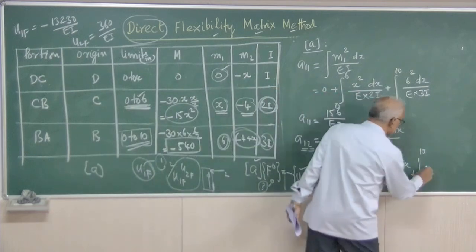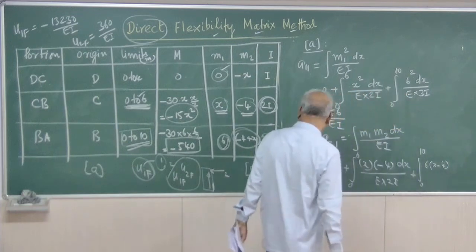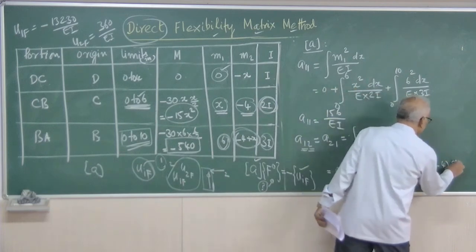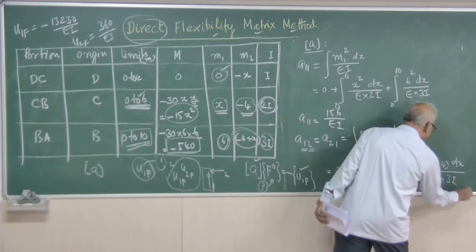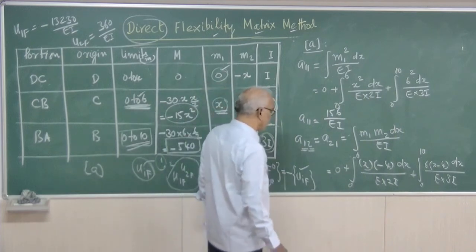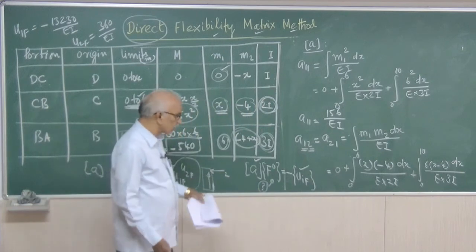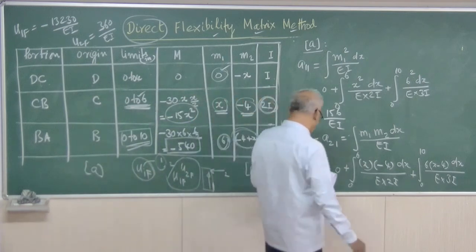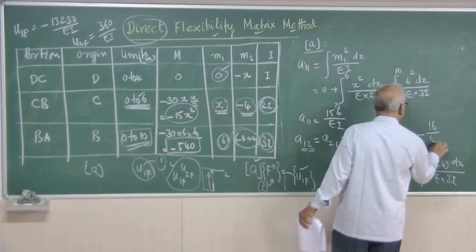So 6 into x minus 4, that is M1 into M2 into dx by E into 3I. That again is a simple integration, and on integration and substitution we will be getting A12 equal to minus 16 by EI.